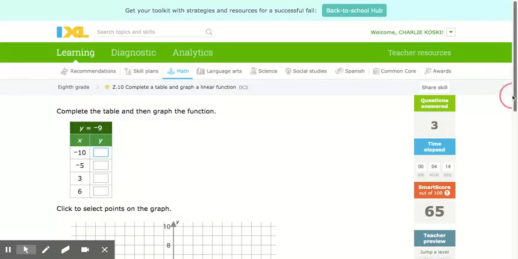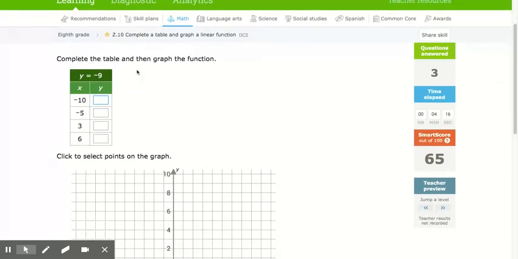So here, I have one where it's y equals negative 9. I have no x value. So when I plug in the x, nothing changes with it, but leaves y here as negative 9. So each time here, it is negative 9.